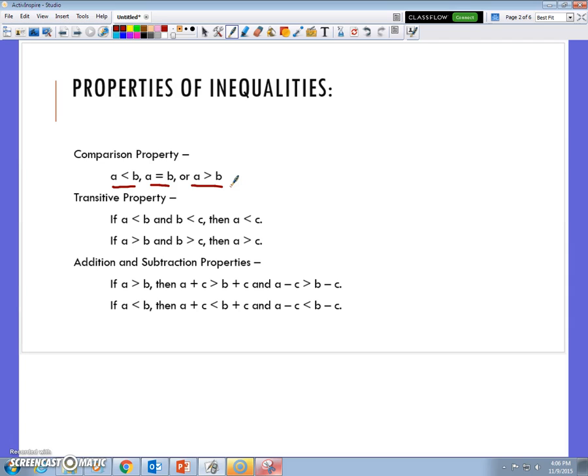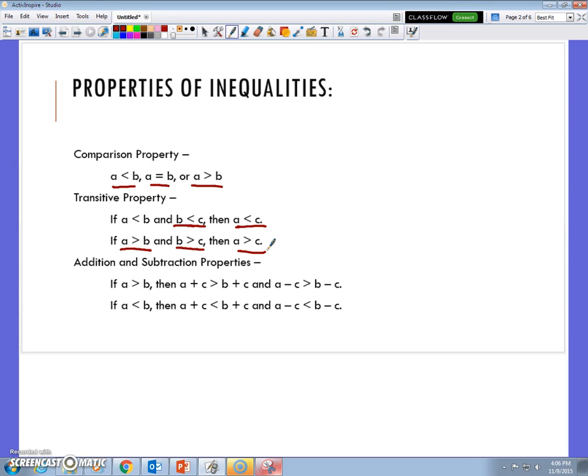The transitive property works the same way as an equal sign. Remember, the transitive property of equality says if A equals B and B equals C, then A must equal C. It's kind of the same thing with inequalities. If A is smaller than B and B is smaller than C, then A must also be smaller than C. If A is bigger than B and B is bigger than C, then A must also be bigger than C. It's a little different because inequality is a different way of thinking.